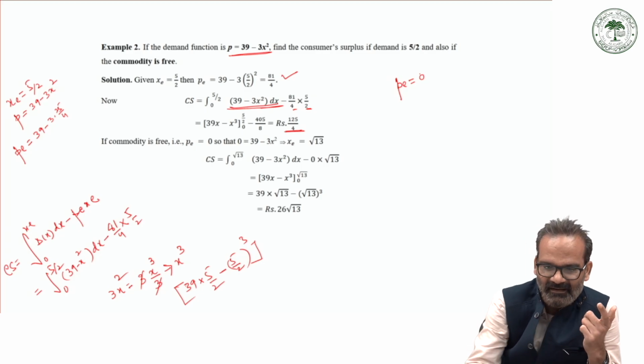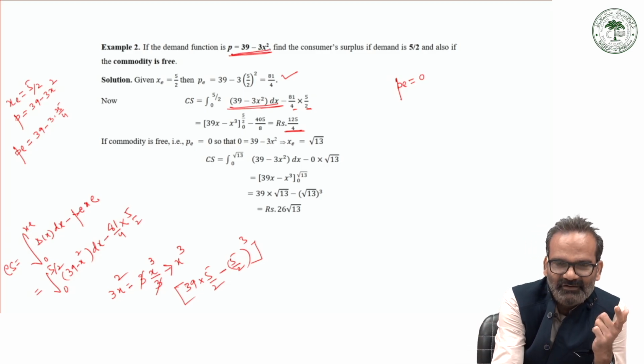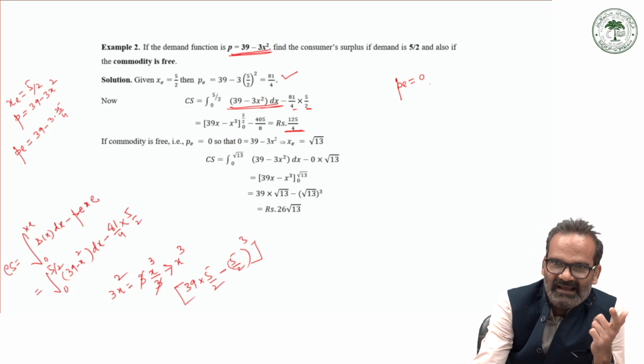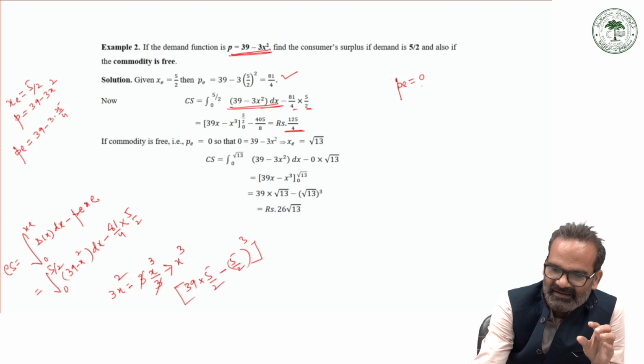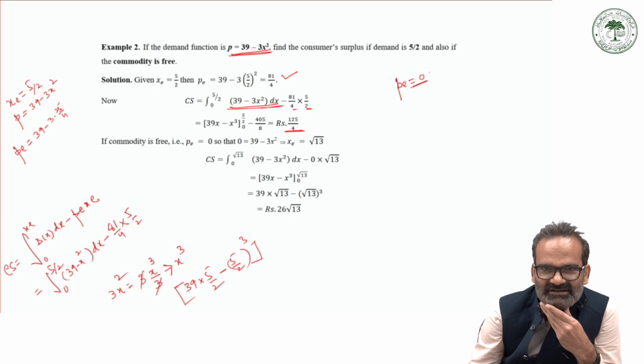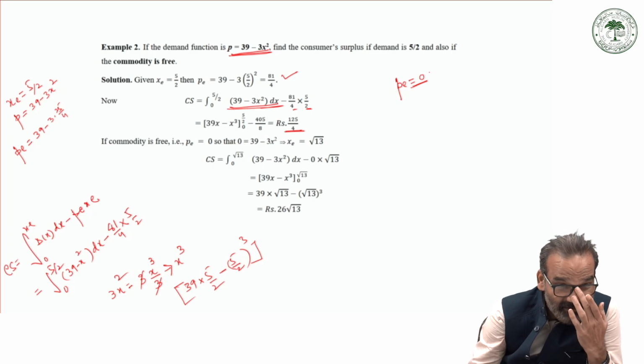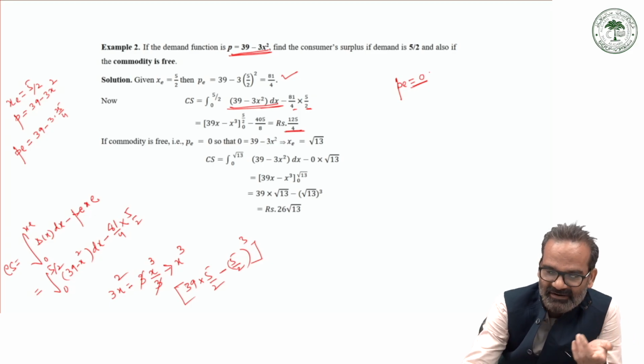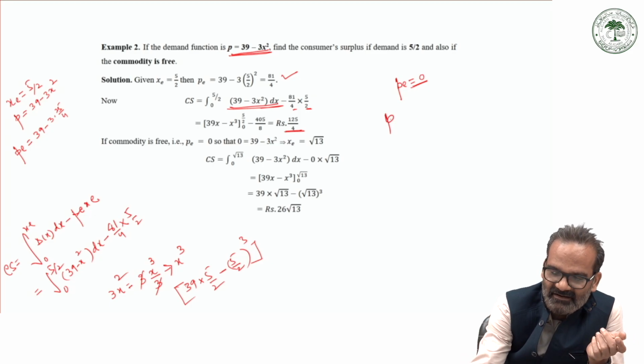Here the demand function is given to you, and he said the commodity is free, that is price is 0. So naturally, if the price is 0, then determine the quantity XE.